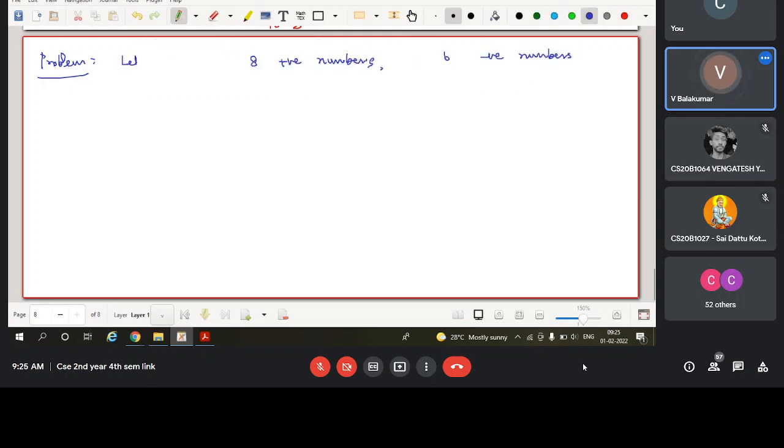Let us have 8 positive numbers and 6 negative numbers. We choose 4 numbers. I'm not mentioning what kind of numbers they are. 4 numbers randomly without replacement, meaning we can choose one by one also, or we can choose simultaneously. That's what we mean by without replacement. We choose 4 numbers randomly, we multiply them.